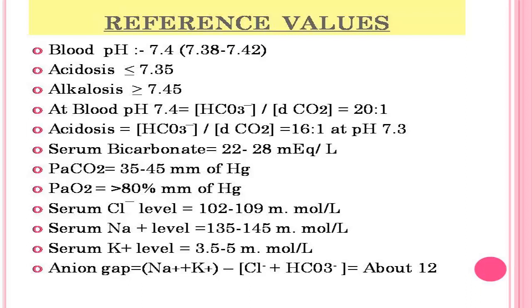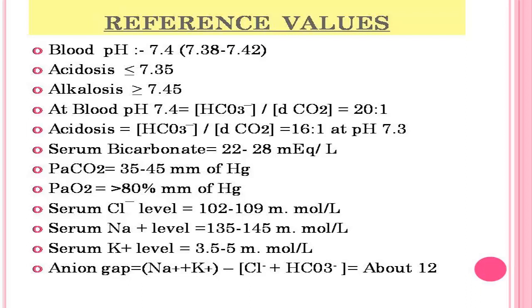And lastly, the very important thing in case of acid base disturbances, mainly acidosis, that is the anion gap. Now what is anion gap? Anion gap is the difference of the total measured positive ions minus negative ions in the blood. The main positive ions circulating in the blood are sodium and potassium, and the main negatively charged ions are chloride and bicarbonate.